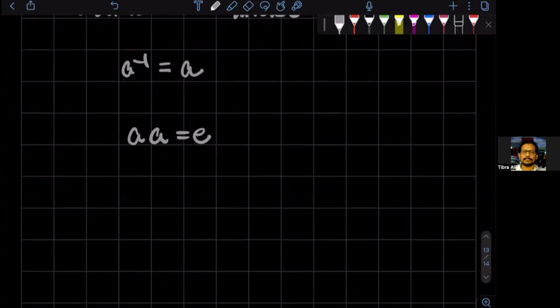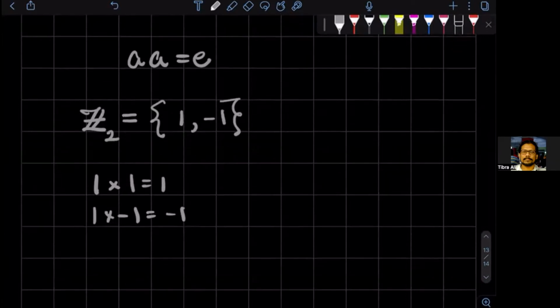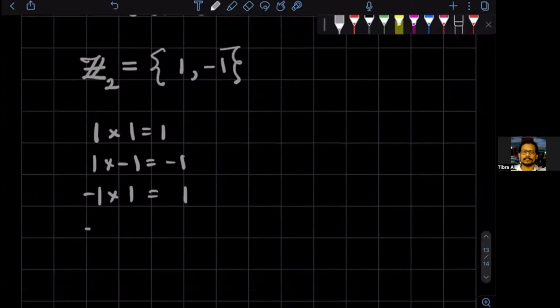So often this group is called Z2, because if I take the set 1 and minus 1, where these are the numbers 1 and minus 1, then under multiplication, we get 1 times 1 is 1, 1 times minus 1 is minus 1, minus 1 times 1 is minus 1, minus 1 times minus 1 is 1.